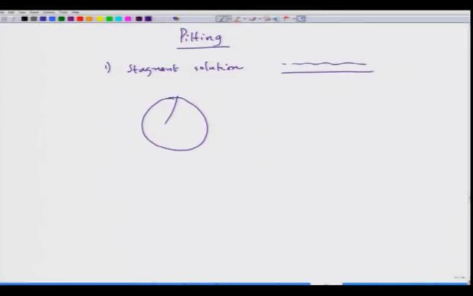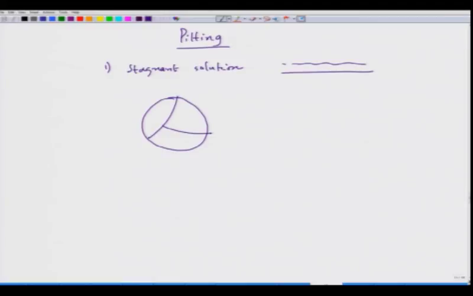So, for example, if we have a microstructure like this, after etching we see the grain boundaries can be seen, and these grain boundaries can be seen because they are attacked more in the etchant, because the grain boundary is a very active region.